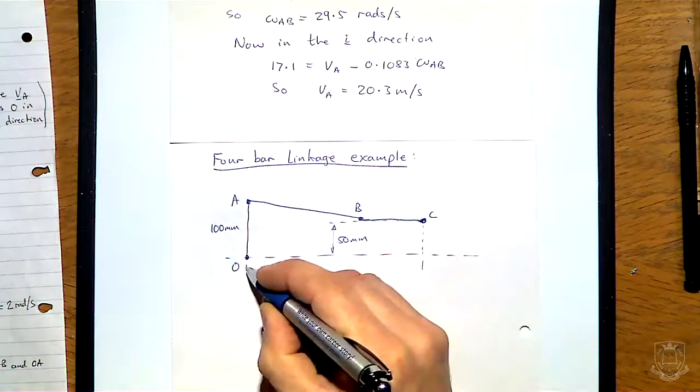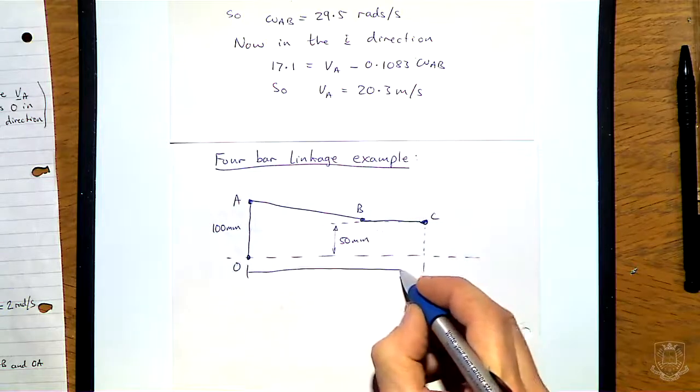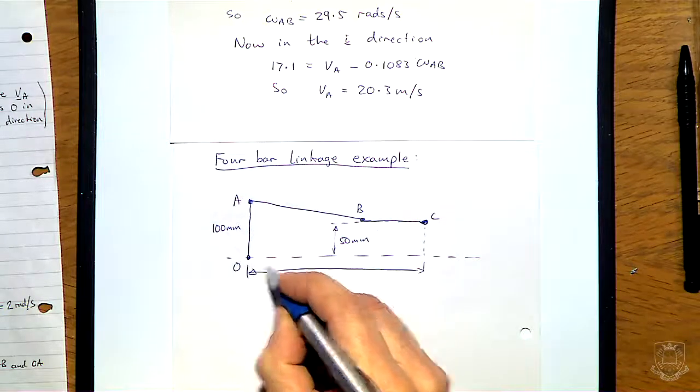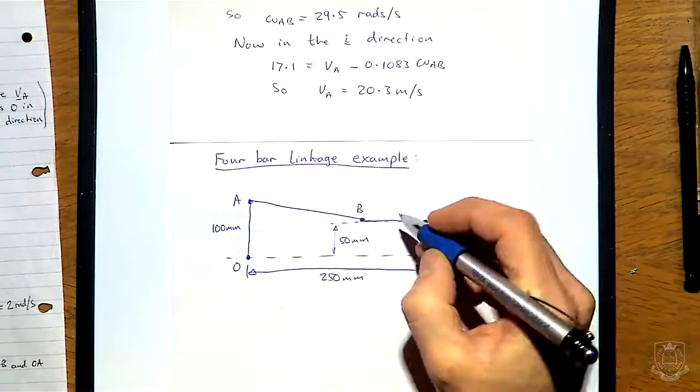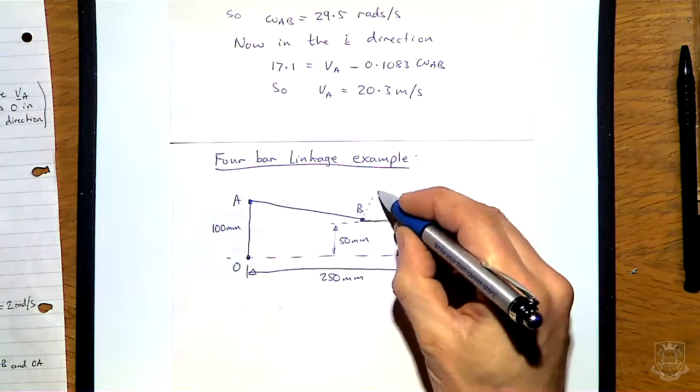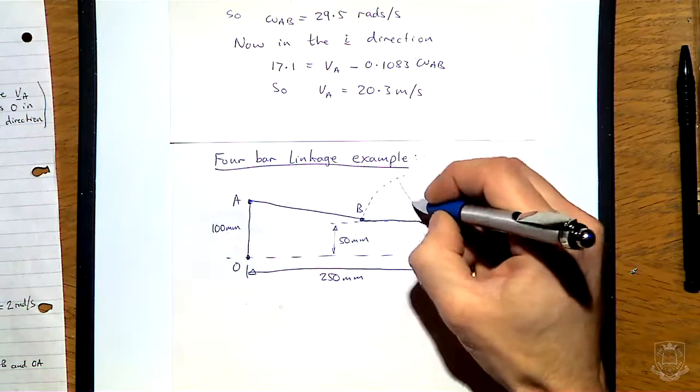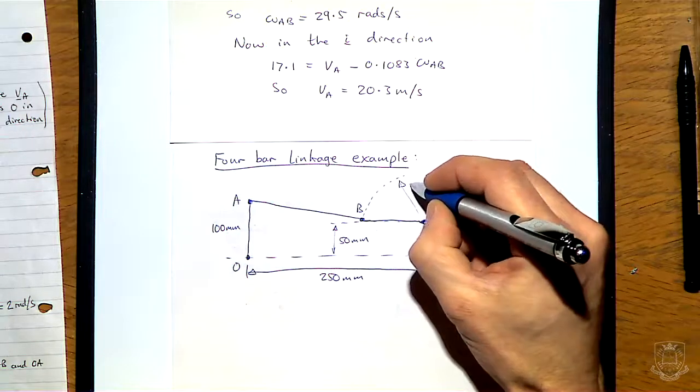This overall distance here is 250 millimeters. And this thing is rotating around in a radius of 75 millimeters.